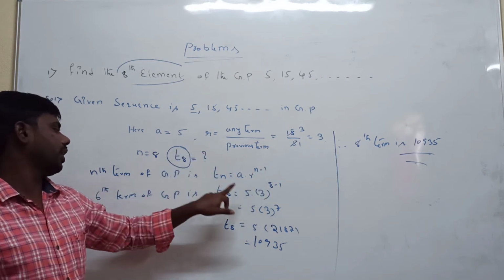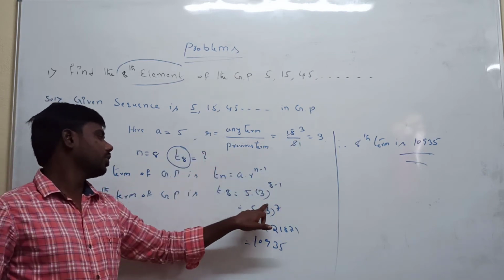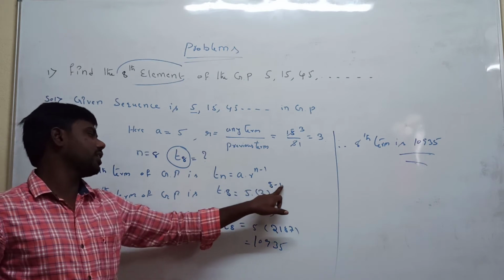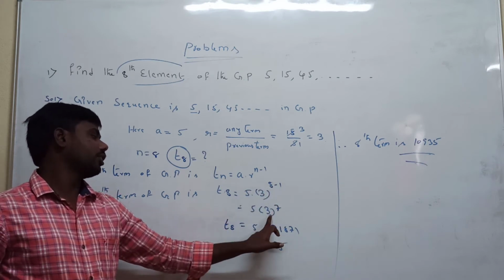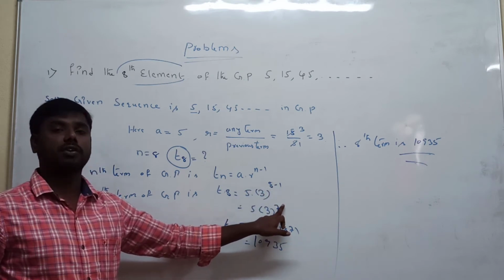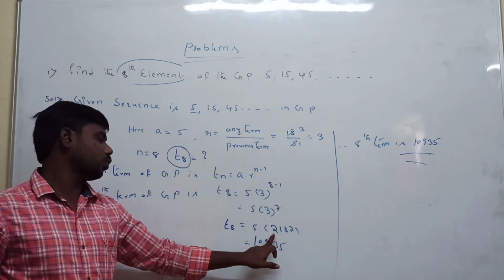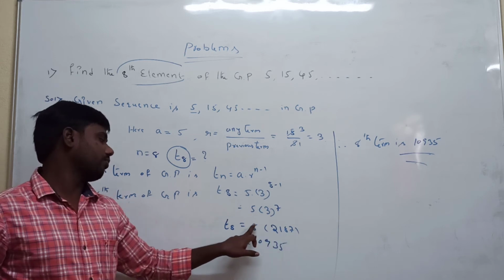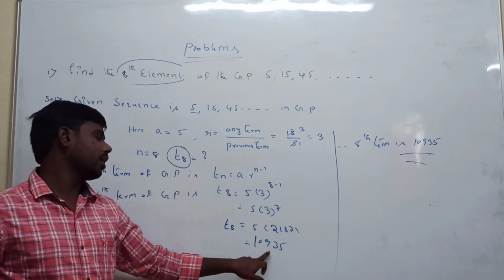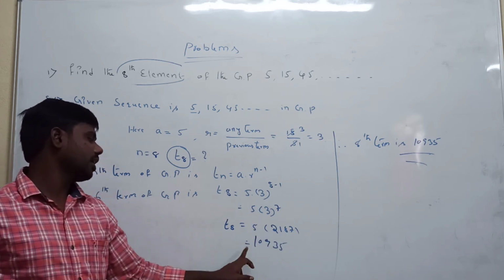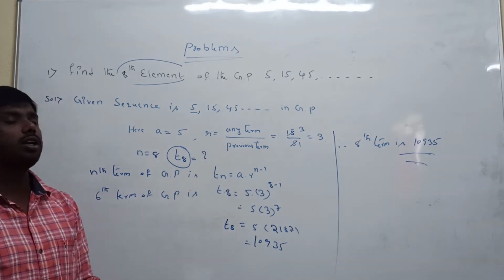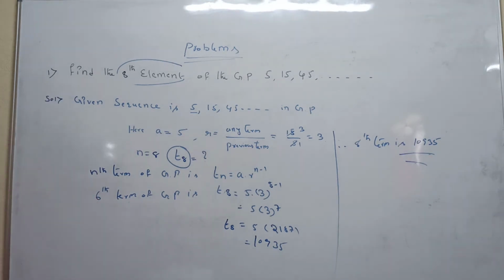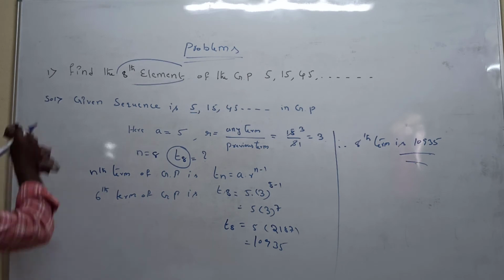A is 5, r is 3, 3 to the power of 8 minus 1, which is 7. 3 to the power of 7 is 3 multiplied 7 times, and the value is 2187. This value multiplied by 5 is 10,935. Finally, we got the eighth term value as 10,935. Is it clear?